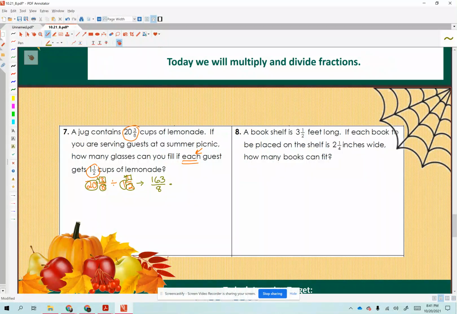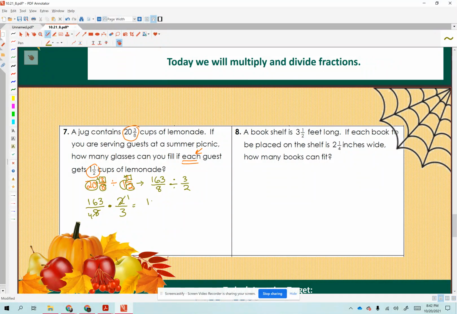So we're going to divide that by 3/2. And now we'll do our first fraction as is, change the division to multiplication, and then multiply by the reciprocal. So I cannot simplify 163 and 3, but I can simplify the 2 and the 8. Divide them both by 2. 2 divided by 2 is 1. 8 divided by 2 is 4.